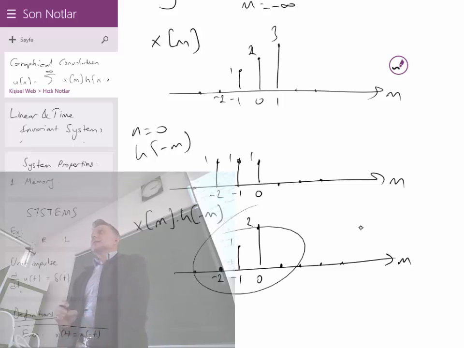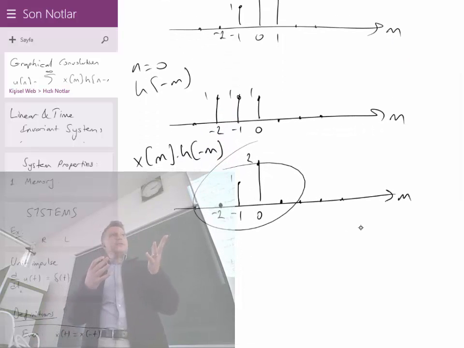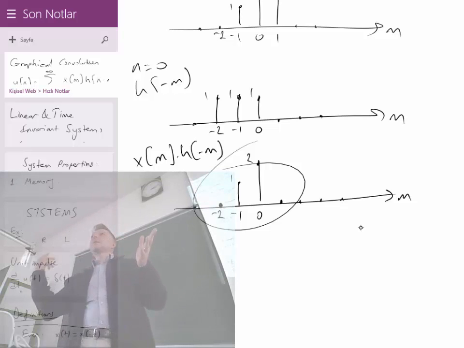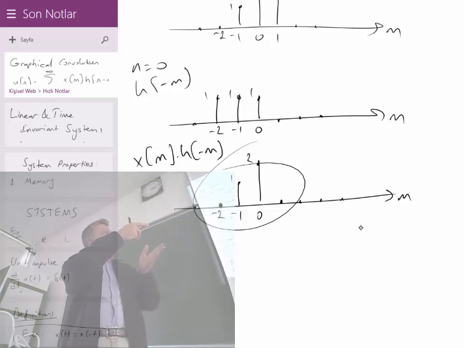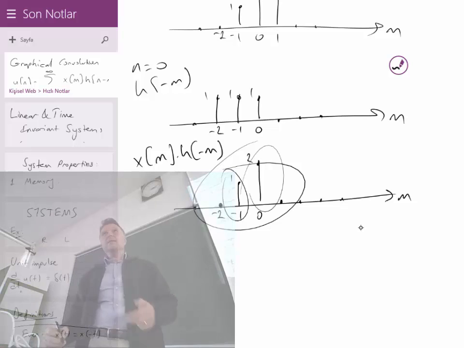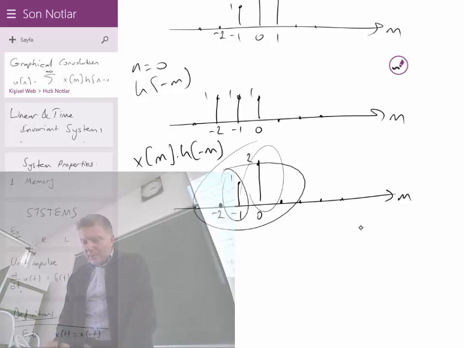But that result doesn't correspond to anything unless you accumulate these values. What's the accumulated value? What's the summation of all these values from minus infinity to infinity? It's 0 plus 0 plus 0 plus, etc. Plus 1 here and plus 2 here. So what is summation x of m h of minus m for all m?